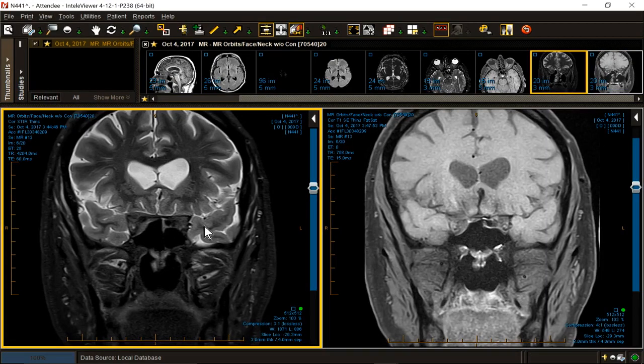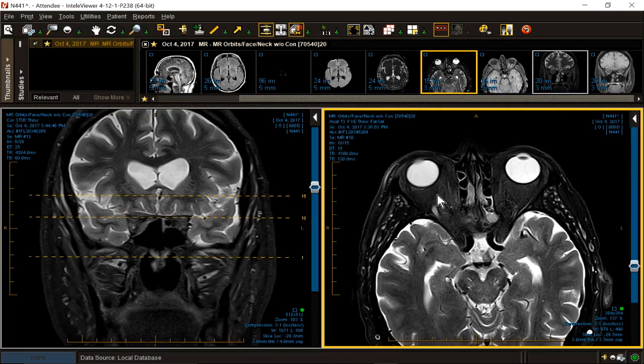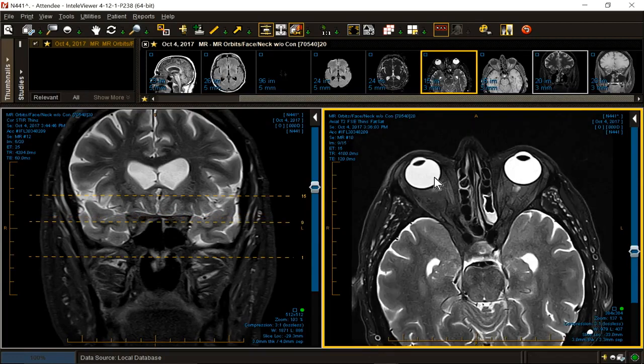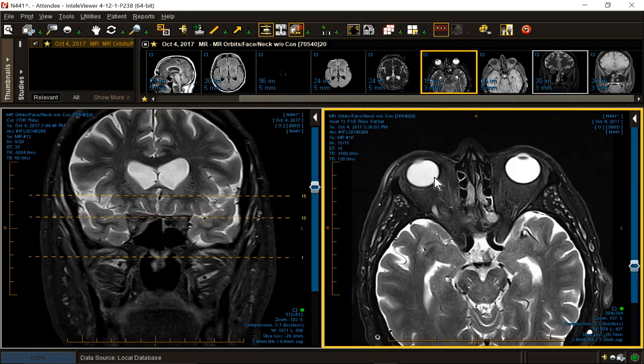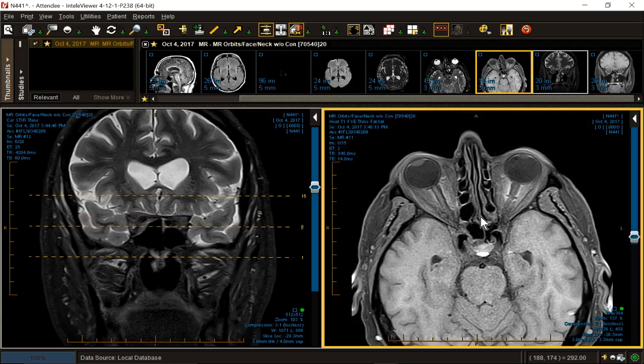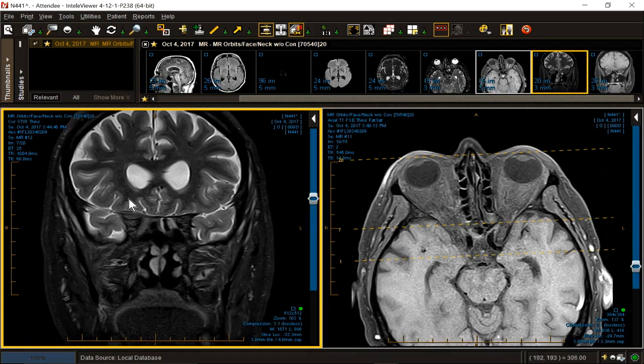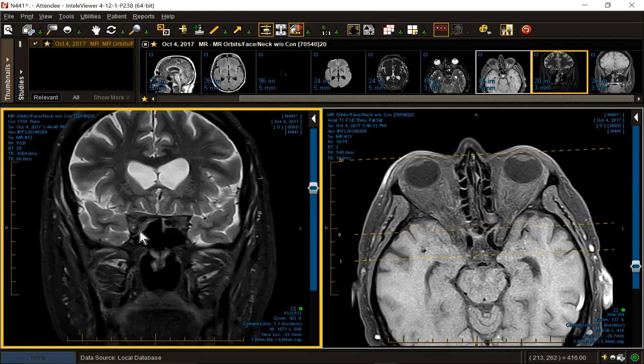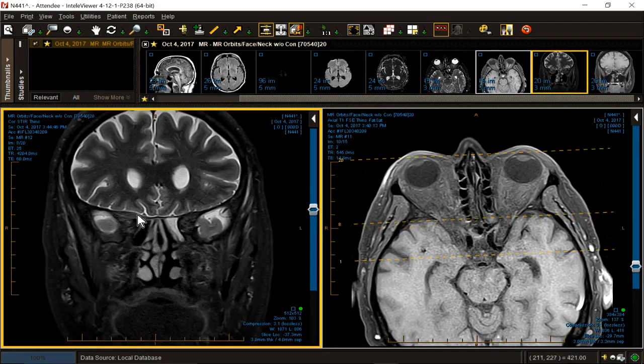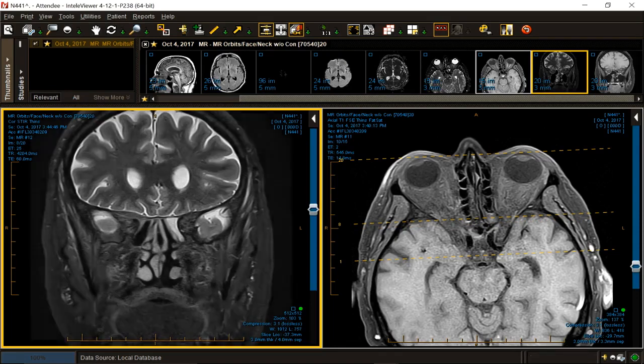You might say, well, why didn't they give contrast? They weren't suspecting the diagnosis. I think the standard T2 is really challenging. But that's real. It's not just on one slice. Look here, here. I'm going to blow it up a little more.